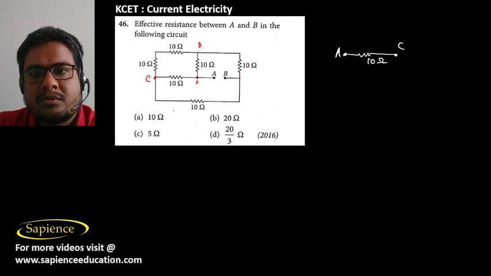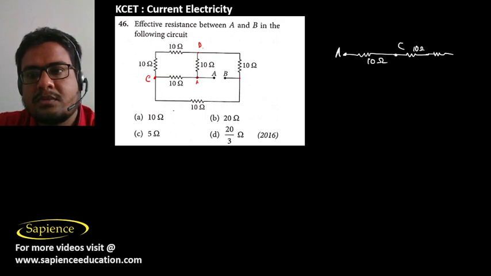In between C and D there are two resistances in series, 10 ohm and 10 ohm.